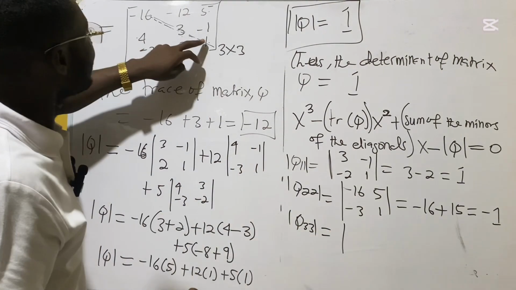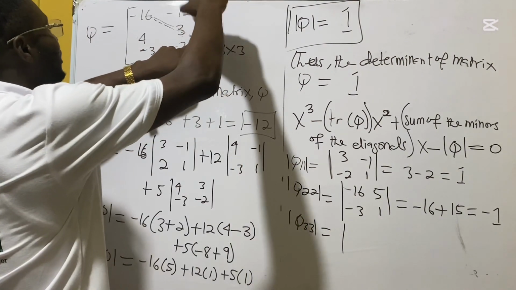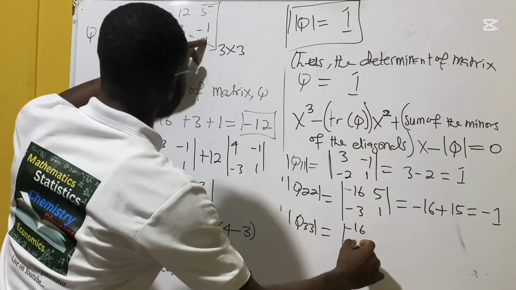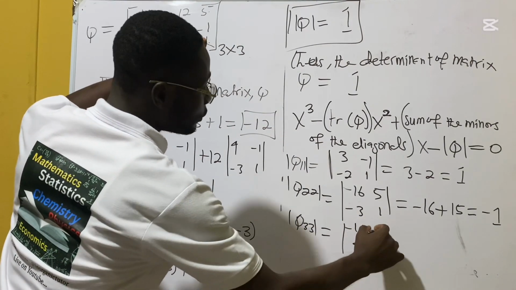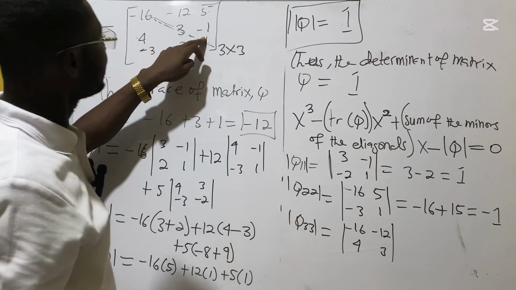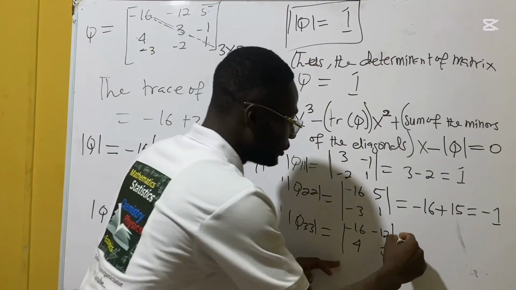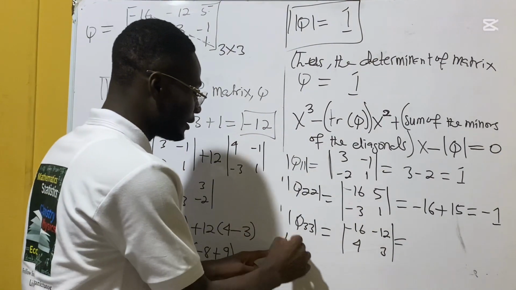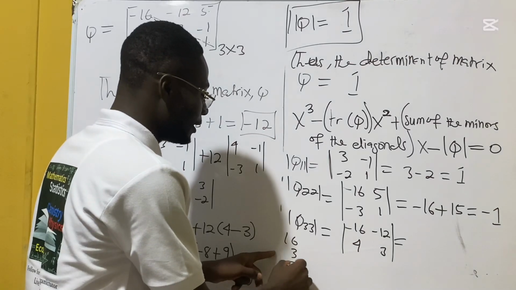then we cover everything here, so we have minus 16, 4, minus 12, 3, right? So when you do it, you're going to have minus 16 times 3. So 16 times 3, that will be 48 here.